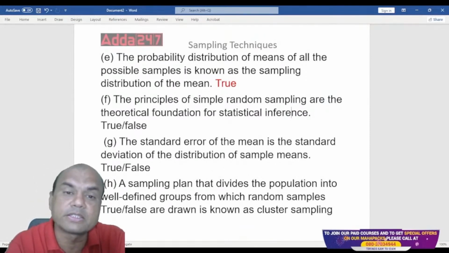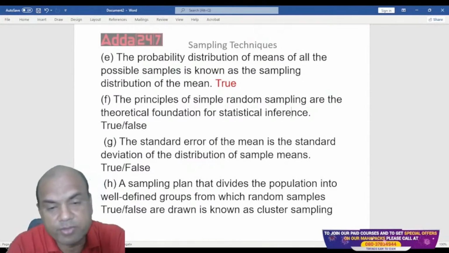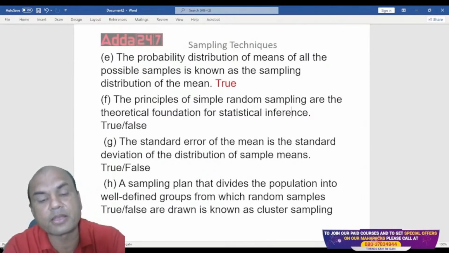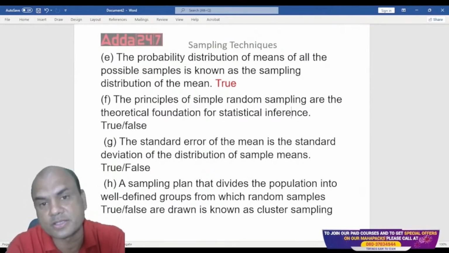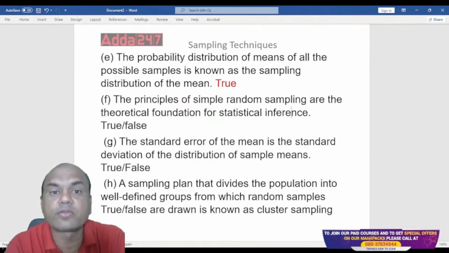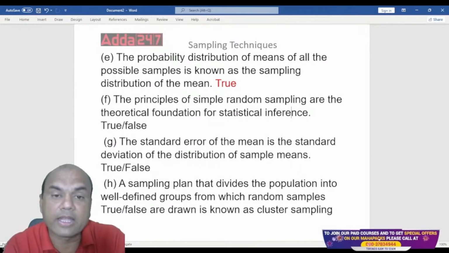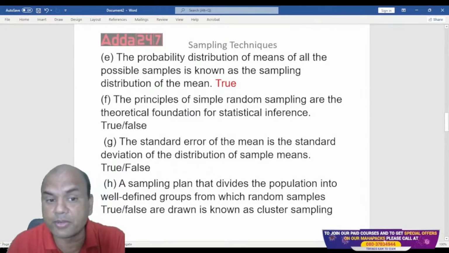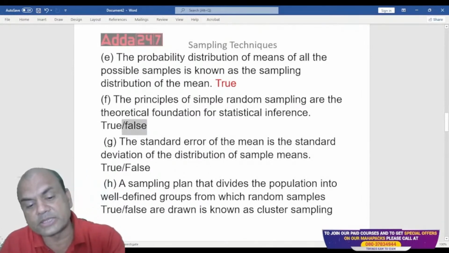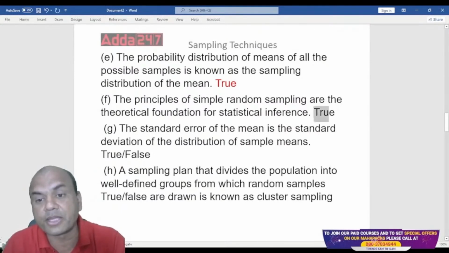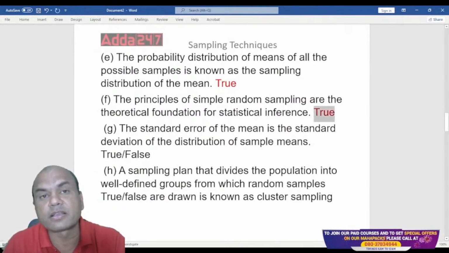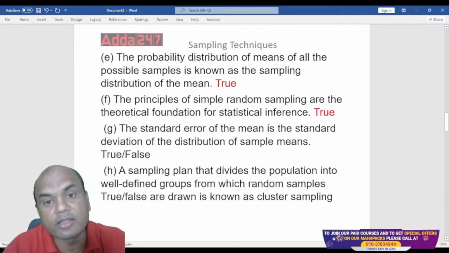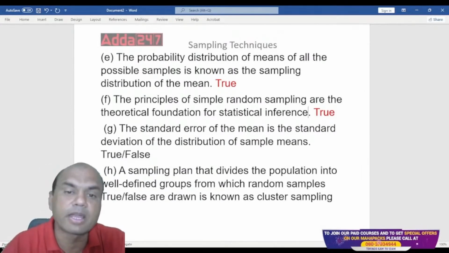Among these four, which one is considered the base of statistics? Suppose I have to find any inference about a population; the best method is simple random sampling. So that is again true. Remember, simple random sampling is the best sampling. The remaining ones like cluster, systematic or stratified come later, but the basic is simple random sampling.